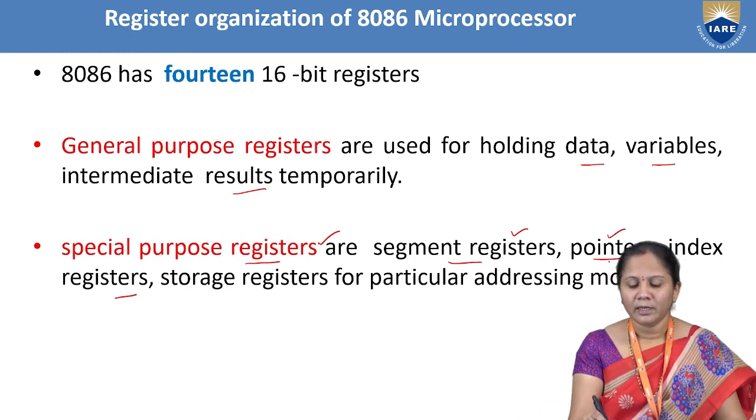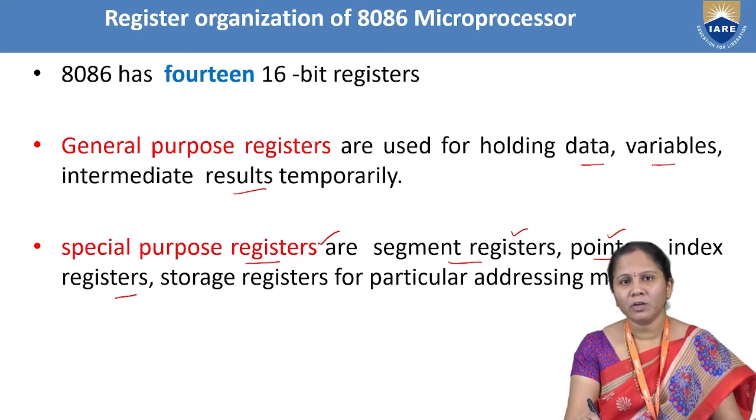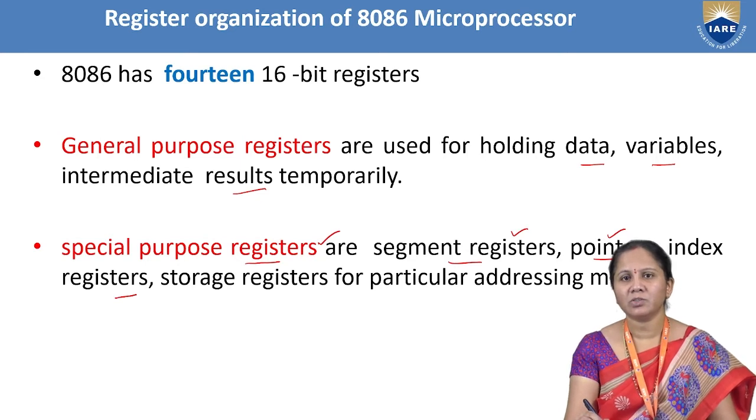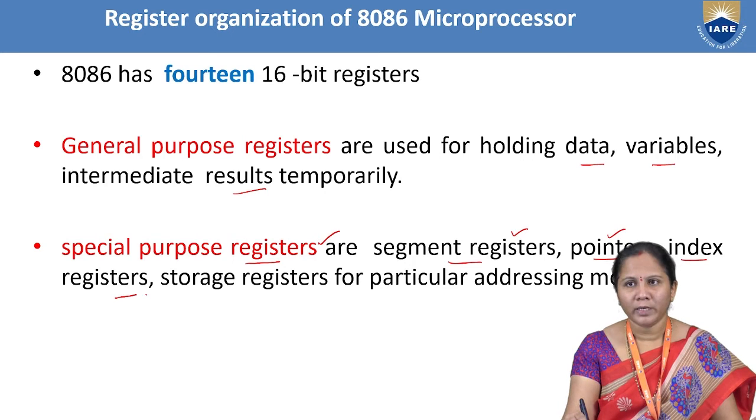Here, there are 4 segment registers: code segment, stack segment, data segment and extra segment. These 4 segment registers are 16-bit registers. Coming to pointer registers, we have 3 pointer registers: instruction pointer, base pointer and stack pointer.